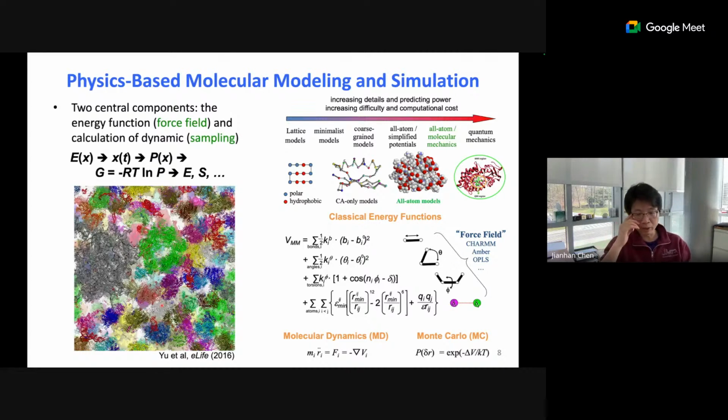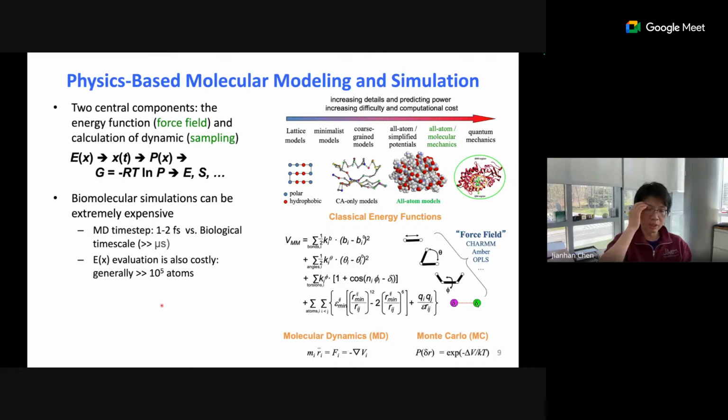What I really want to illustrate is that this is a general approach that can be used to look at really complex systems. But the critical limitation is that these simulations can be really expensive, especially if you represent all atoms in the system, because the bond vibration is very fast. This limits the numerical time step we use to update the conformation to about 1 or 2 femtoseconds, so 10 to the minus 15.